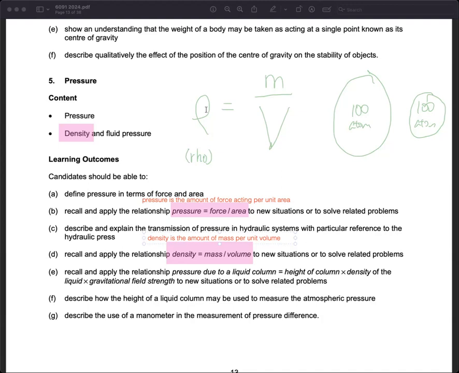Can you appreciate this now? Likewise, the 100 particles here are packed in a very small volume. This V is very small, the M is constant, and therefore your density will be much greater.